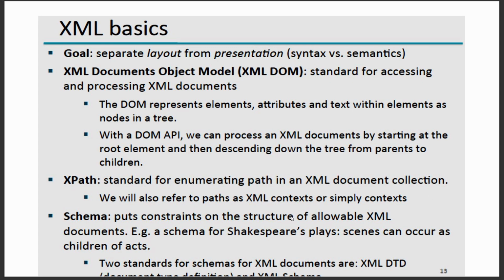Schema is nothing but the structure of the XML document. If you want, you can put constraints on the structure of the XML document. For example, in the schema of Shakespeare's plays, scenes occur as children of acts.